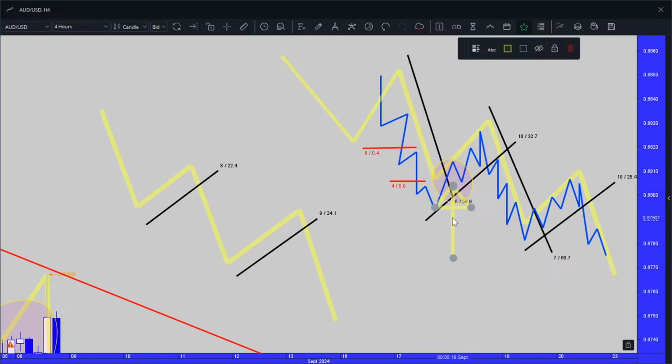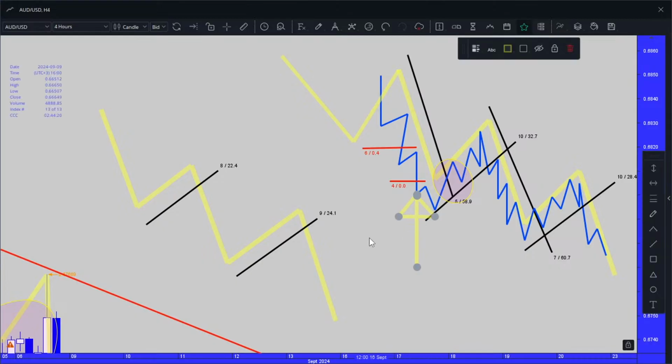But he or she is going to put the stop loss above the blue. Can the trader going short make money doing this? Everybody, what's the answer? Or is this trader going to be stopped out?